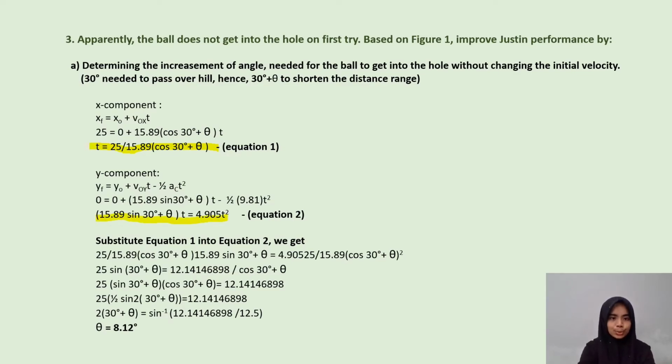and we get this formula as equation 2. Then we substitute equation 1 into equation 2 and we get 25 over 15.89 cos of 30 degrees plus theta, multiplied with 15.89 sin of 30 degrees plus theta, is equal to 4.90525 over 15.89 multiplied with cos of 30 plus theta squared.